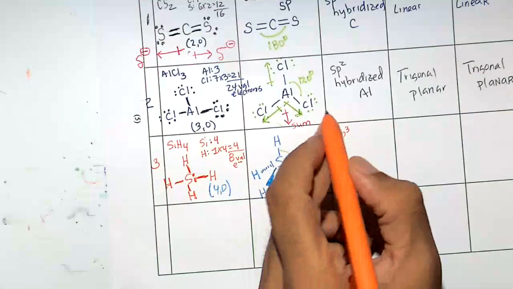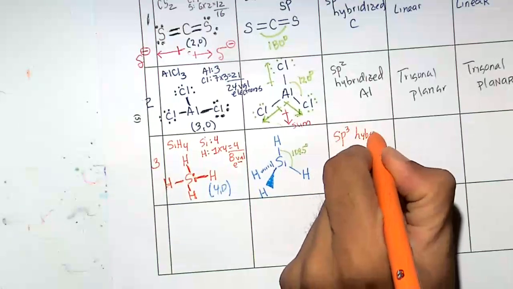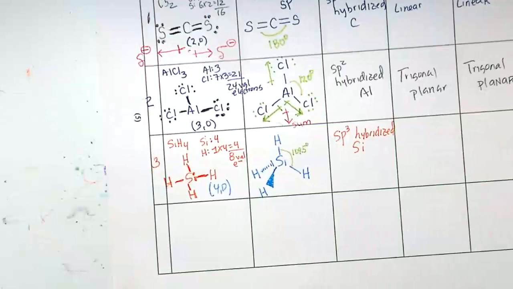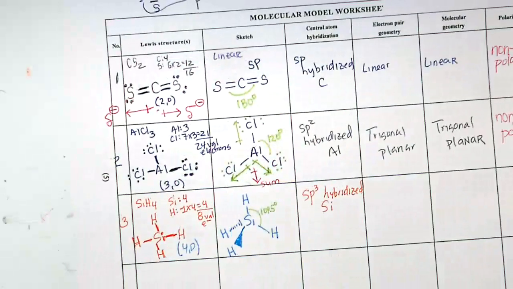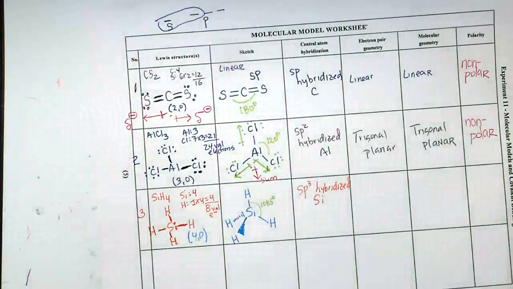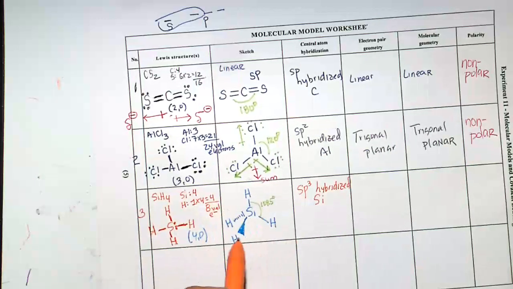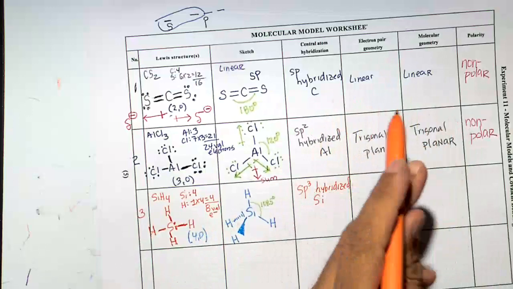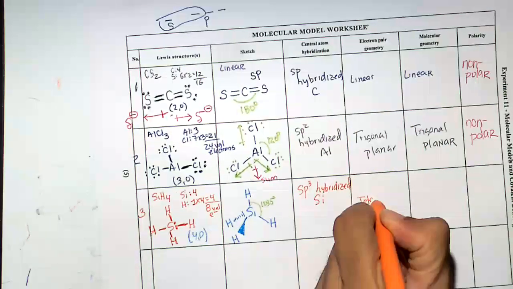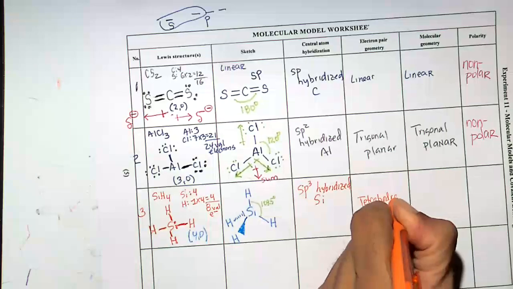This is an sp3 hybridized silicon. All right, because there's no lone pair, if there's a lone pair, there's distortion. But there's no lone pair, so you can just go with the electron pair geometry and the molecular geometry being the same, and that's tetrahedral.